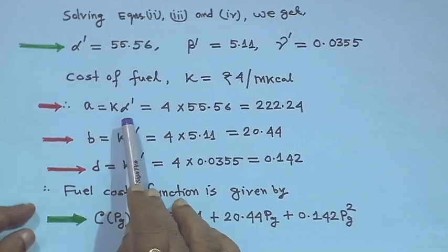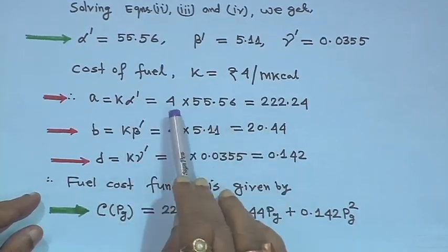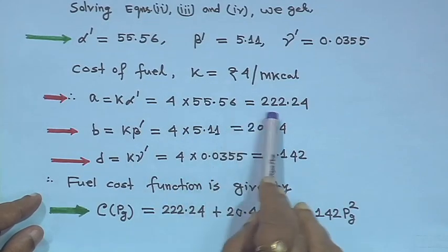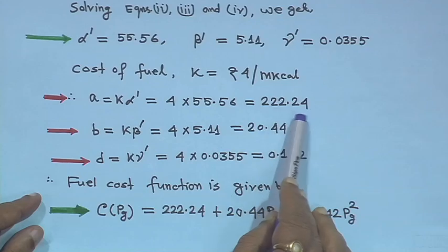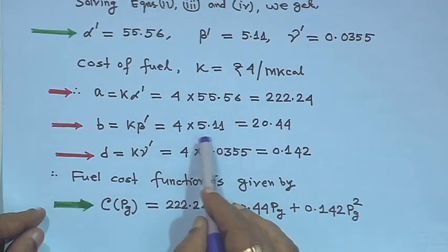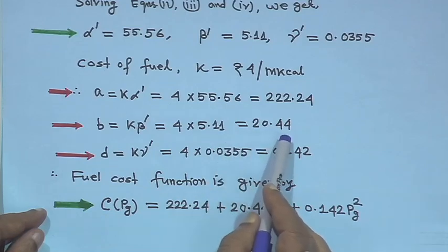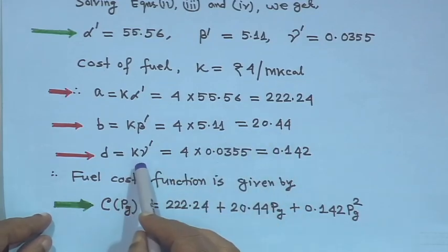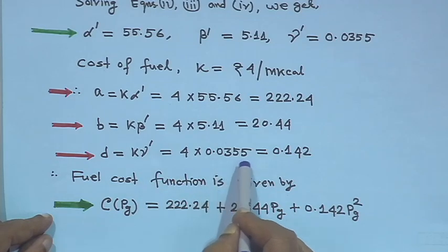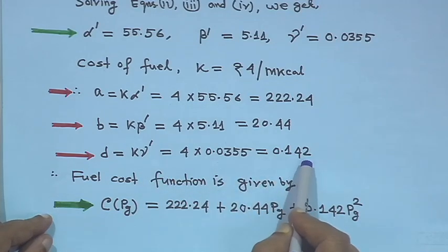Therefore, A is equal to K alpha dash, as we have seen, that is multiply this one by 4. So 4 into 55.56, 222.24. Similarly, B is equal to K beta dash, that is 4 into 5.11, that is 20.44, right, and D is equal to K gamma dash, so 4 into 0.0355 is equal to 0.142.